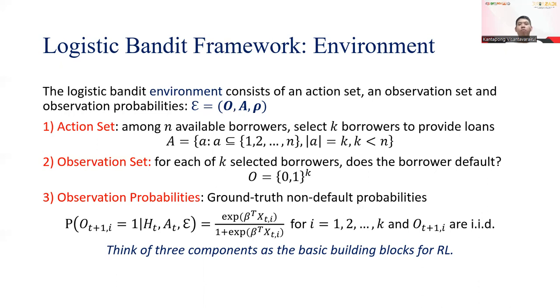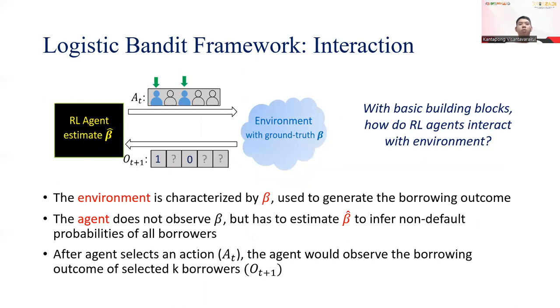So let's think of three components as the basic building blocks for RL, because with these three basic building blocks, we will have the interaction between the agent and the environment. So the question is, with these three basic building blocks, how do reinforcement learning agents interact with the environment?